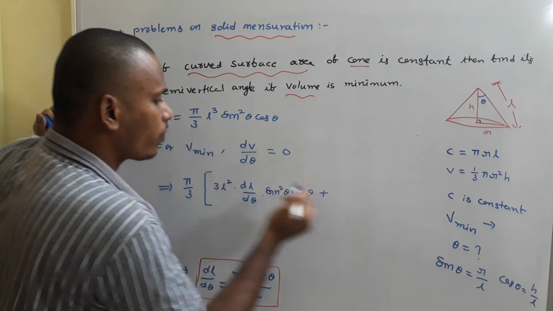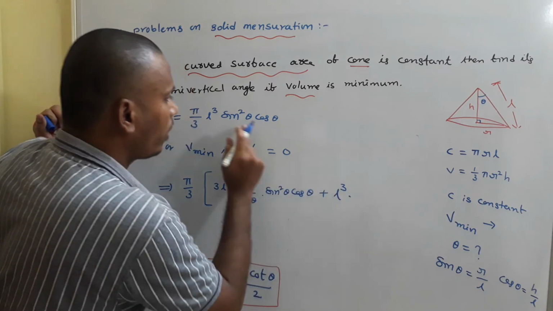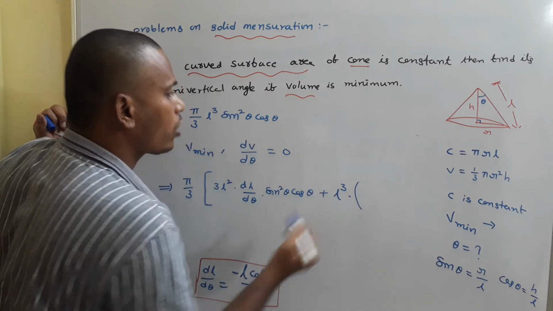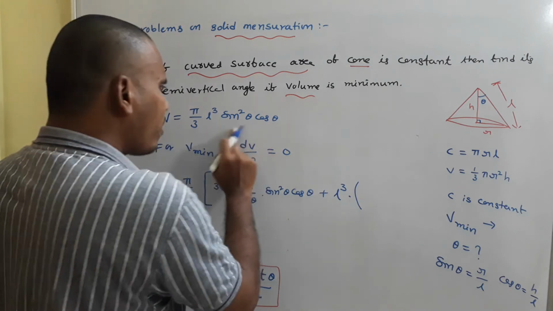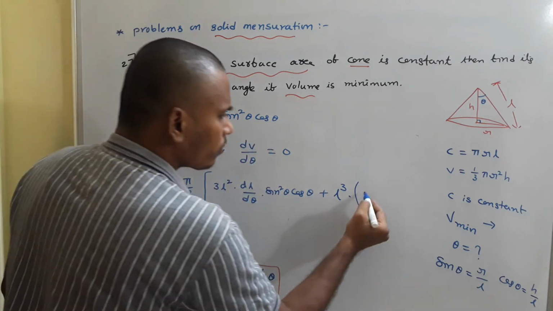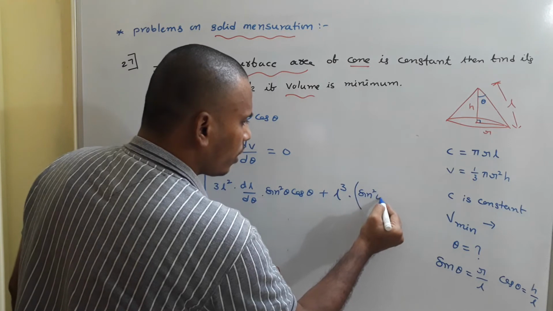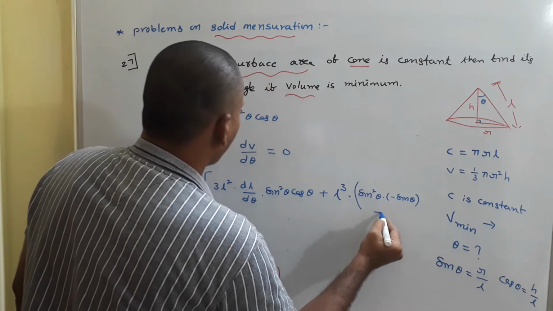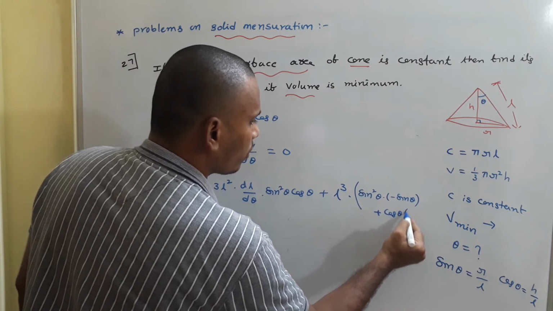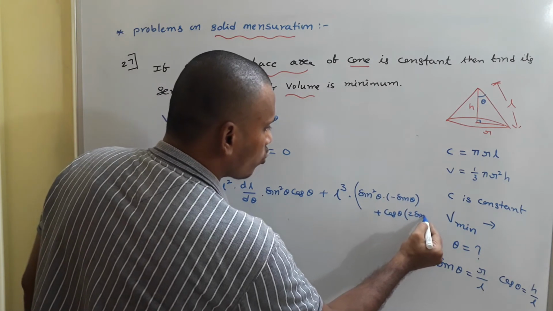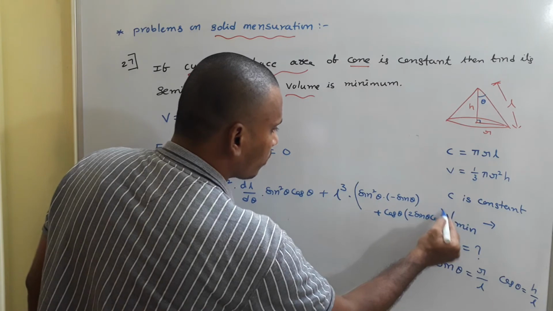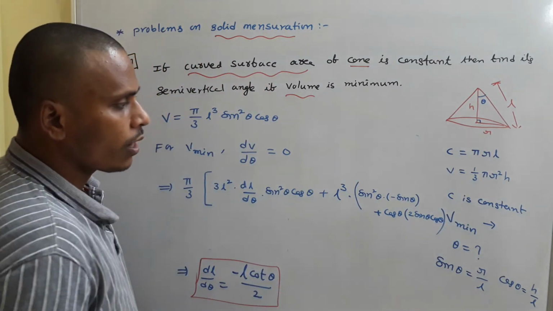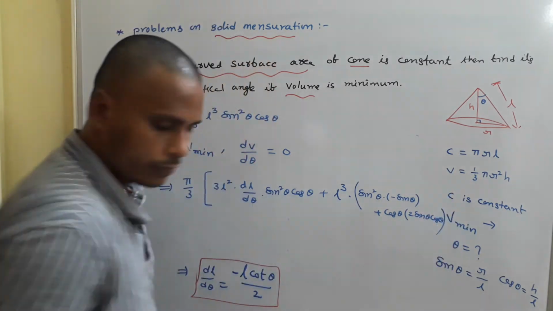Now this function L cube into derivative of this sin square theta into cos theta we need to mention. See, again for this you have to use UV rule. So sin square theta into derivative of cos theta is what? Minus sin theta plus cos theta into derivative of sin square theta is 2 sin theta cos theta. Okay, and this part is equals to 0.